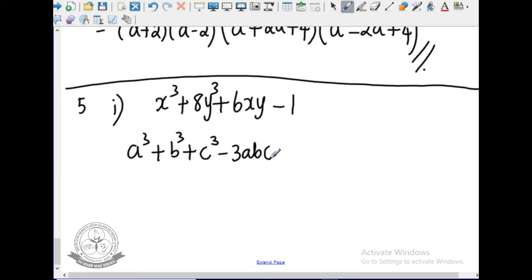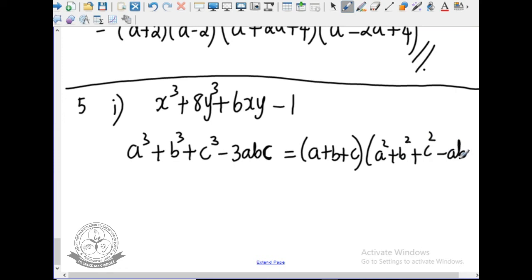So it is in the form of a cube plus b cube plus c cube minus 3abc, that is equal to a plus b plus c into a square plus b square plus c square minus ab minus bc and minus ac. So first we have to make it as a whole cube.